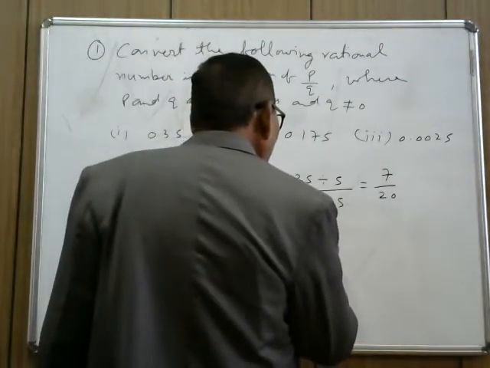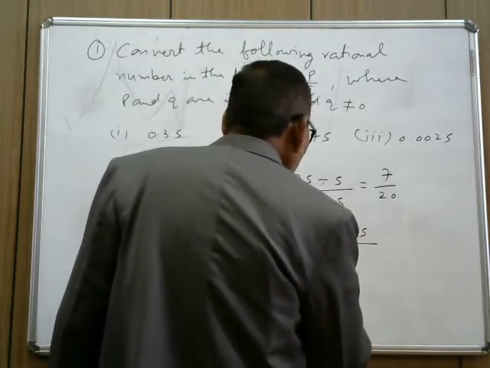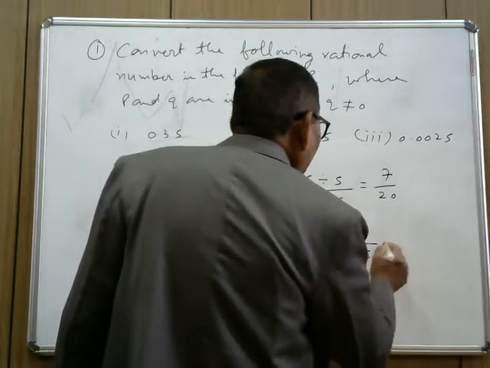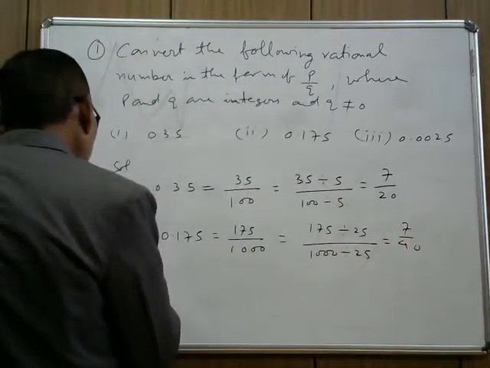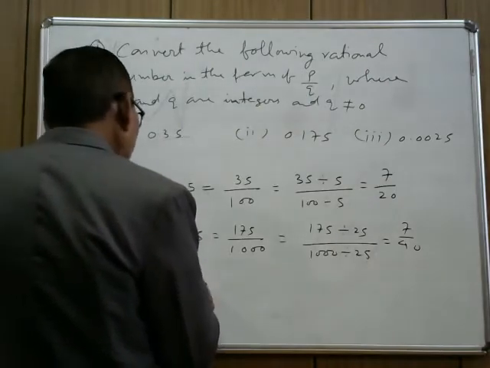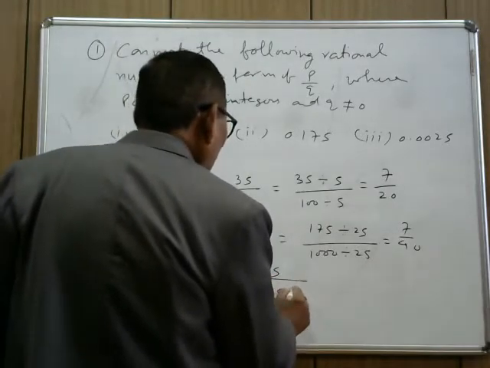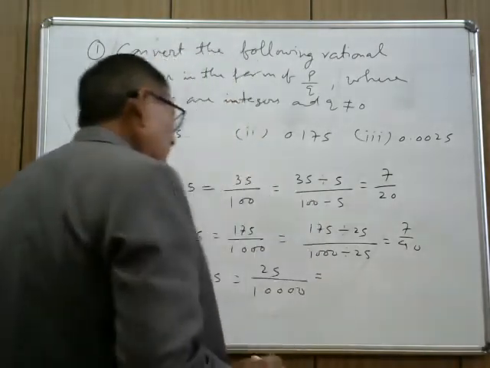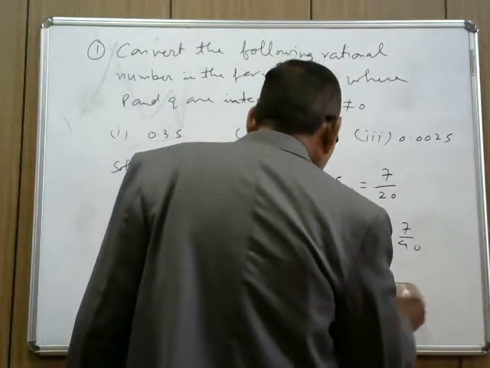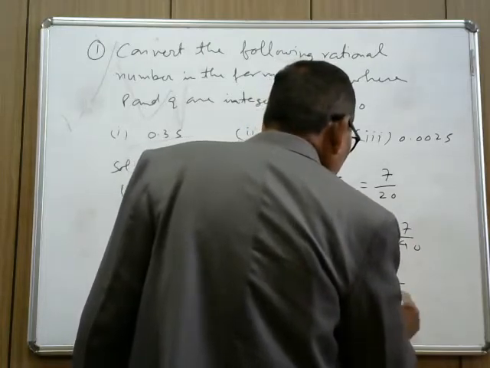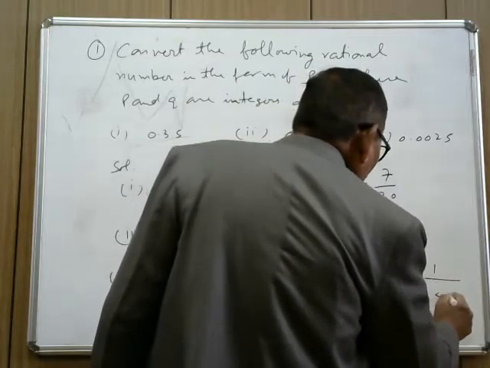So you divide your numerator by 25 and denominator also by 25. That is equal to 7 upon 40. Third, 0.0025, that is equal to 25 upon 10000. Again, your HCF is 25, 25 divided by 25 upon 10000 divided by 25. This is equal to 1 upon 400.